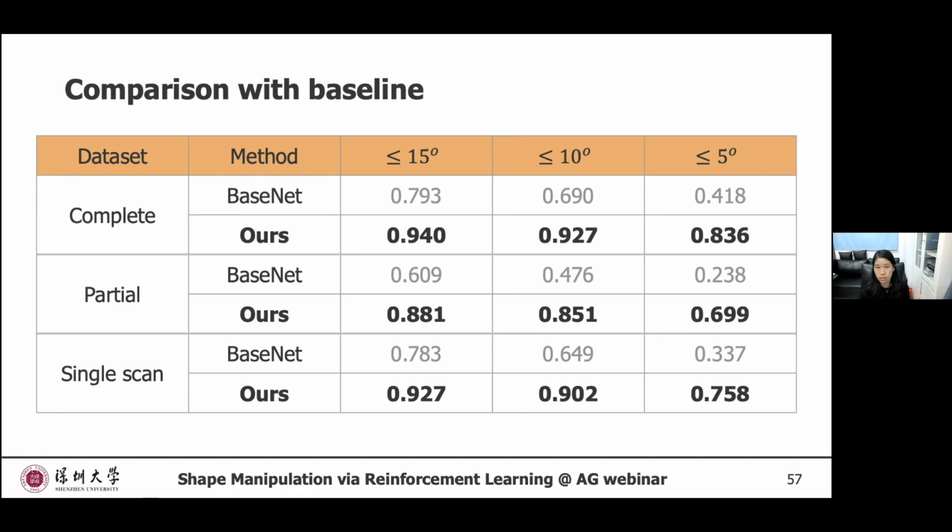This is the final upright direction we got. But for the supervised method, during testing, you don't know when to stop. Sometimes, for example, you might already get a good result, but then you apply the supervised network again, and it will drift away from the ground truth direction. I think that would be the problem.